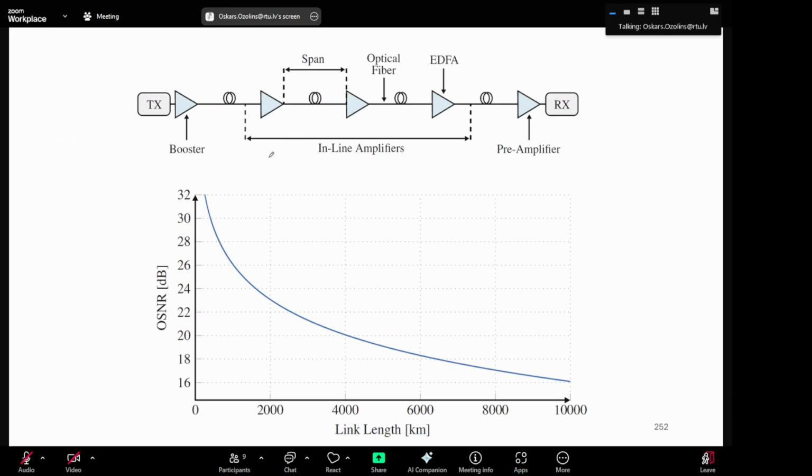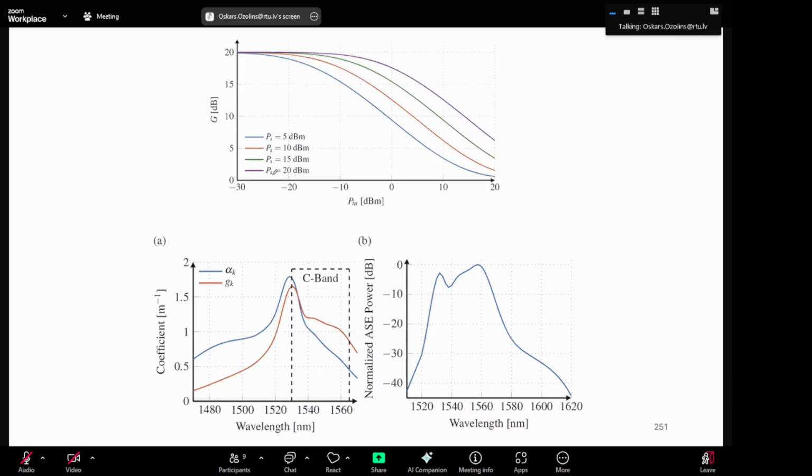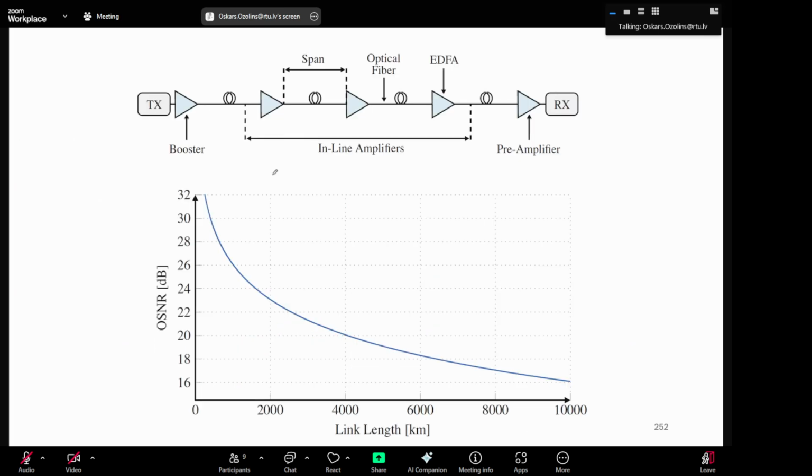Right. And then there are different types of amplifiers, as I was trying to mention in the previous slide. It depends what input power you can have and what output power you will get. So you can have a booster amplifier, where you put quite high input power, and a preamplifier, where you put quite low input power.